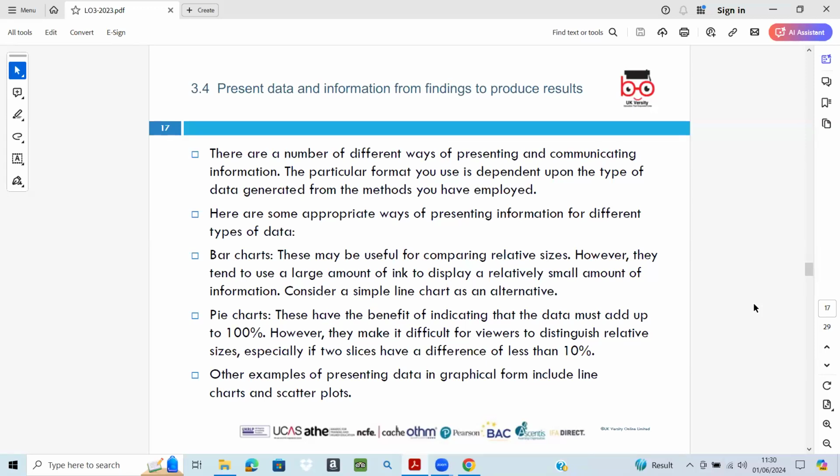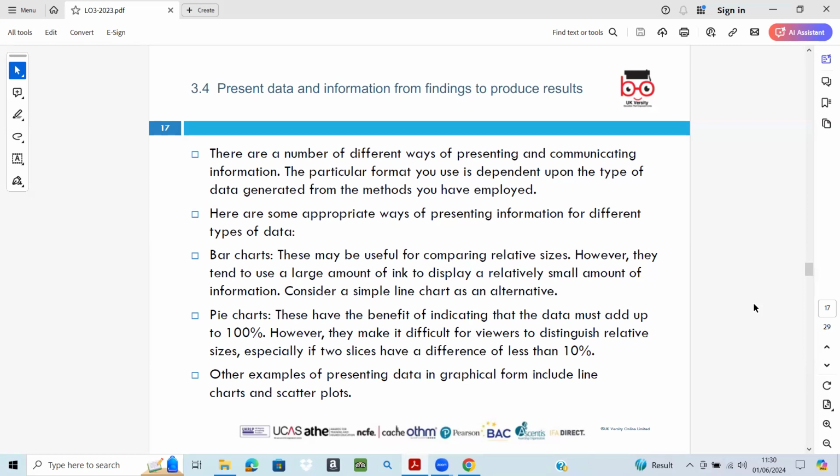We need to have some considerations as well. While bar charts are effective in highlighting differences in values, they can be ink intensive and may not be suitable for displaying detailed information.